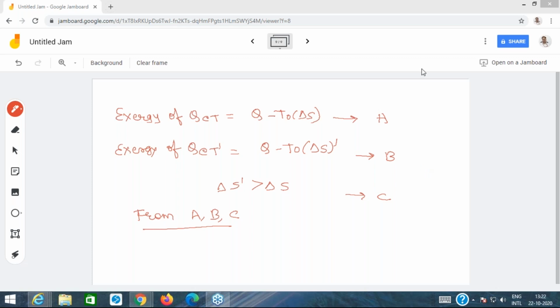Let me represent the exergy value on a temperature entropy diagram. I would be representing this exergy value on the temperature entropy diagram.